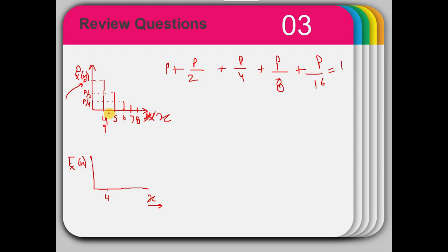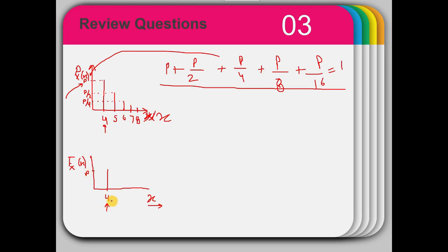When we reach the point 4, P amount of probability gets added to this function. So I get a jump of P over here. I have not written the exact value of P. You can find this value easily and replace P with this constant. So the CDF at the point 4 has a value of P.